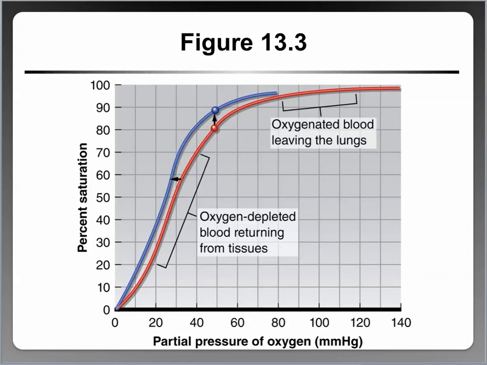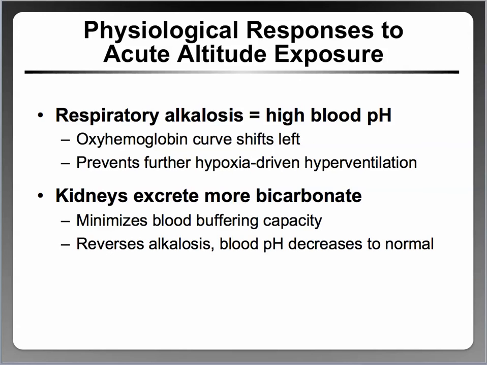So it's actually a benefit for you, or you have a greater saturation. So it's a benefit for you at higher altitudes. Another side effect of this is that it prevents any further hypoxia-driven hyperventilation. So it's kind of a feedback loop type of thing, if you will.